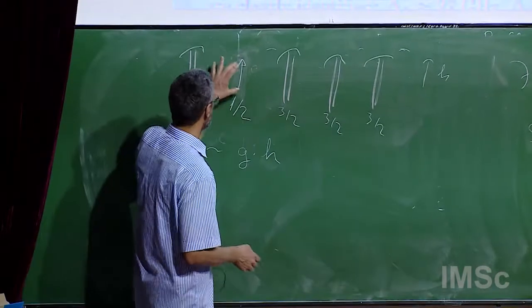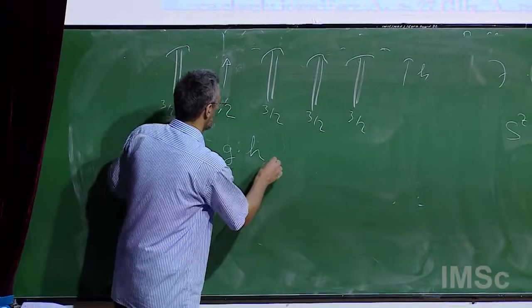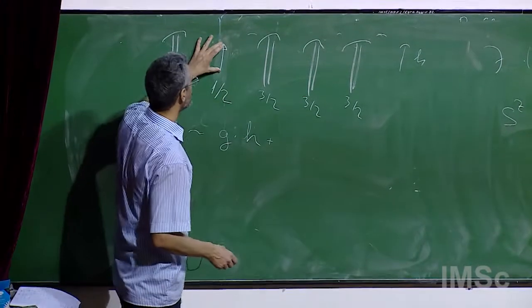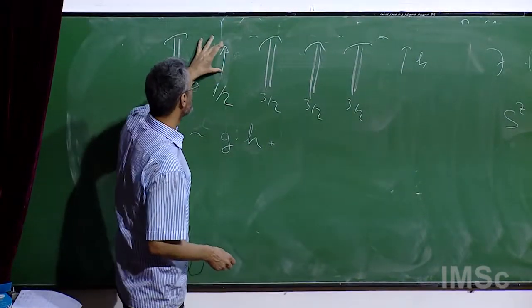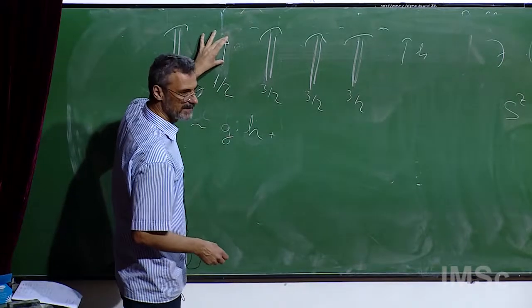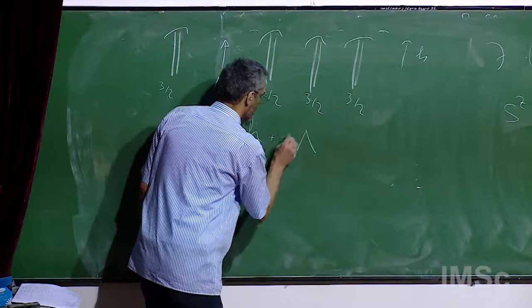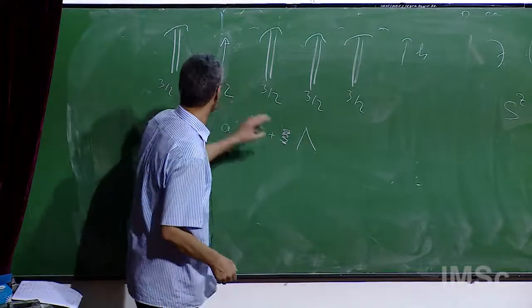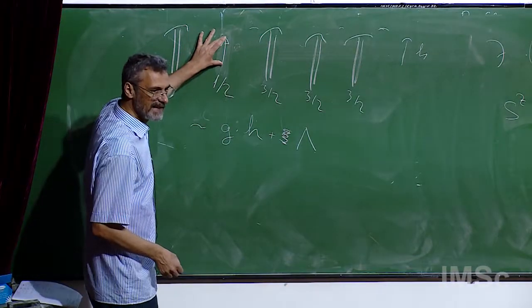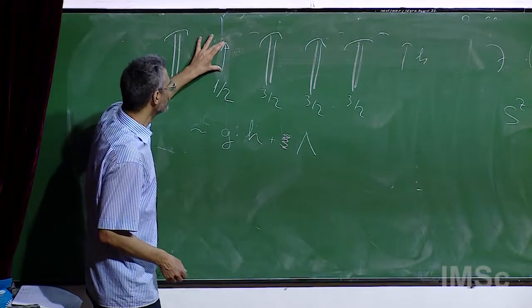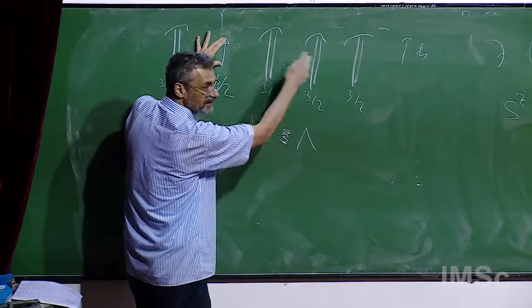And there was some energy cost, or energy gain, associated with the on-site anisotropy. So there will be some number times lambda. And once this guy is here, it can propagate.